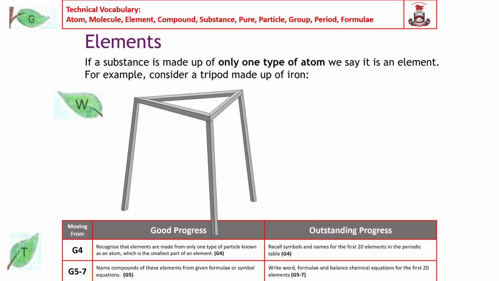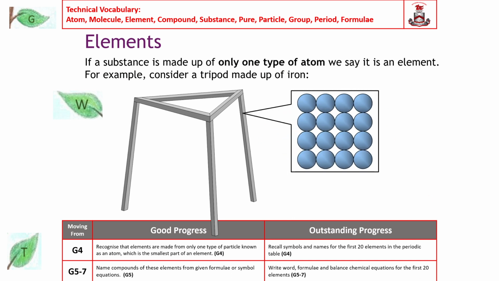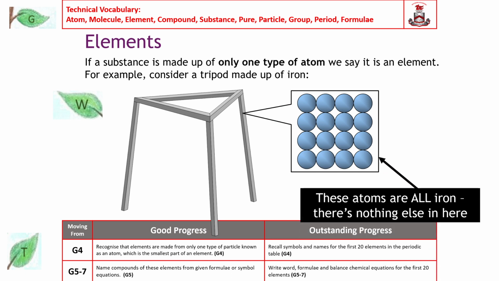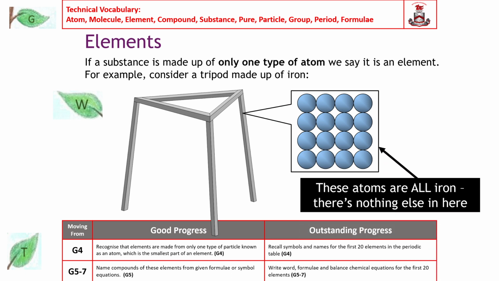But hopefully we know that an element is made up of one type of atom only. So let's say a tripod made of iron. If you were to be able to look at the atoms, you would find that there would be only iron atoms in that tripod. And that is a pure element.